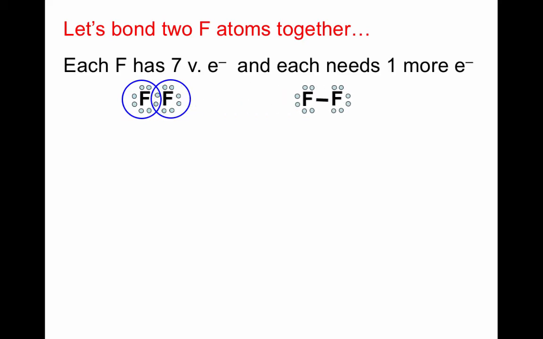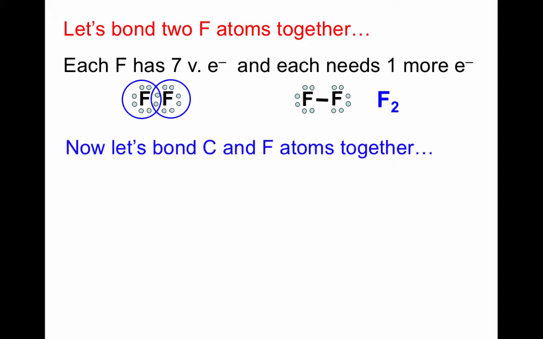And whenever you have 2 dots between elements, you change them to a line to show that they're bonded together. So a line represents 2 dots. So this is what fluorine as a diatomic molecule would look like when it shares 2 electrons with another fluorine atom to complete the octet rule. That is F2, or a diatomic fluorine molecule.